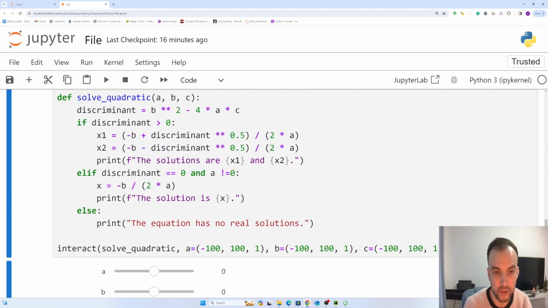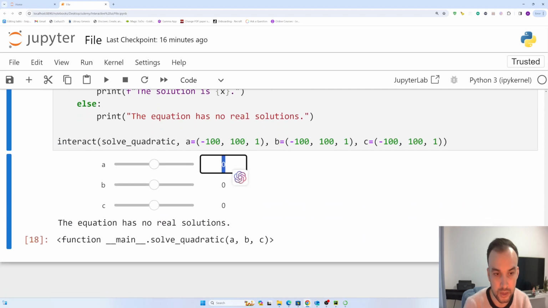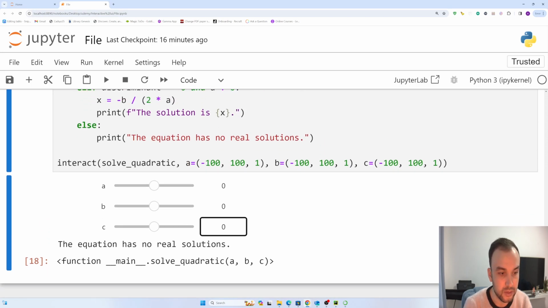Okay, now we don't have a problem, and all the starting values are 0, and the equation has no real solutions.